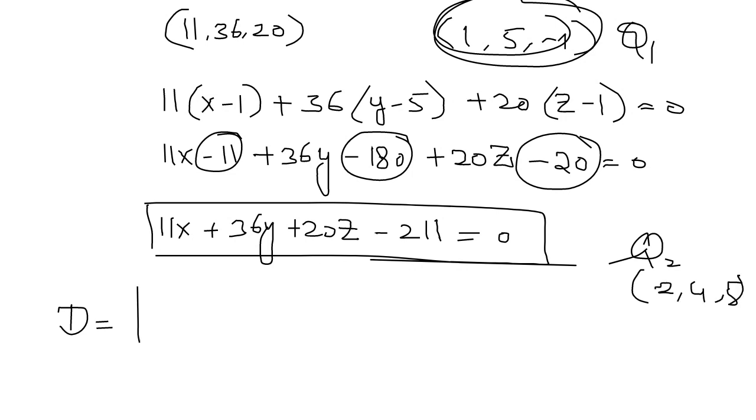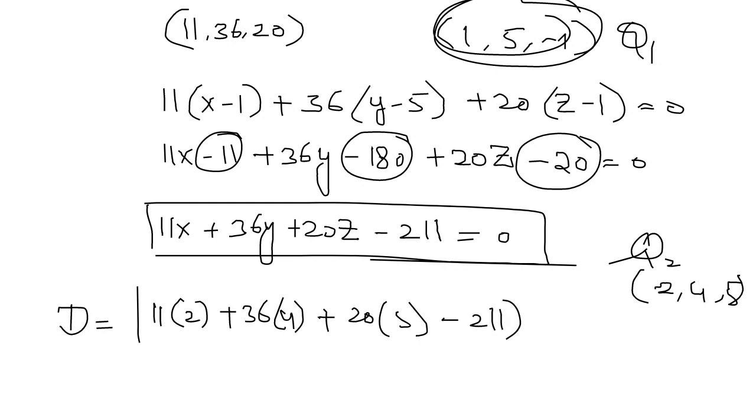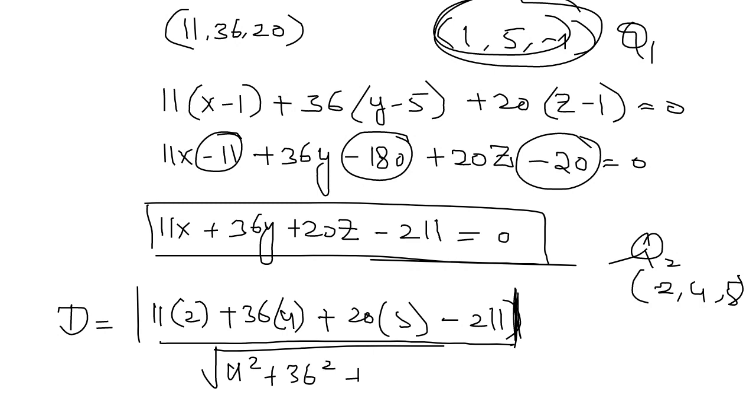So if I take this one, 11 into 2 plus 36 into 4 plus 20 into 5, minus 211, divided by the square root of 11 square plus 36 square plus 20 square. If you solve this, that is 22 plus 36 multiplied by 4 is 144, and 20 times 5 is 100, minus 211.